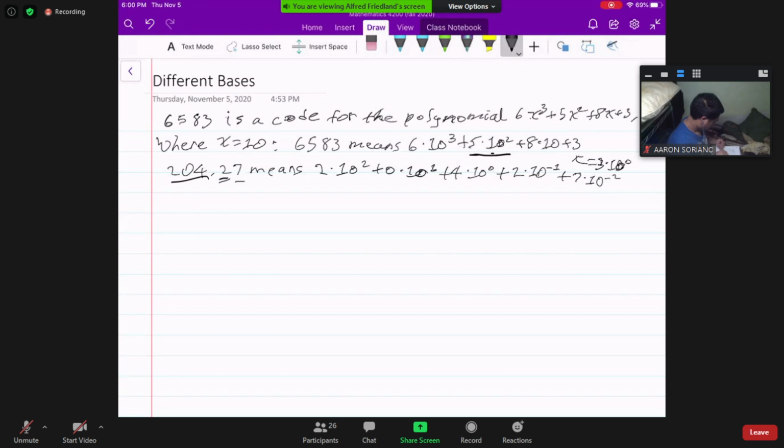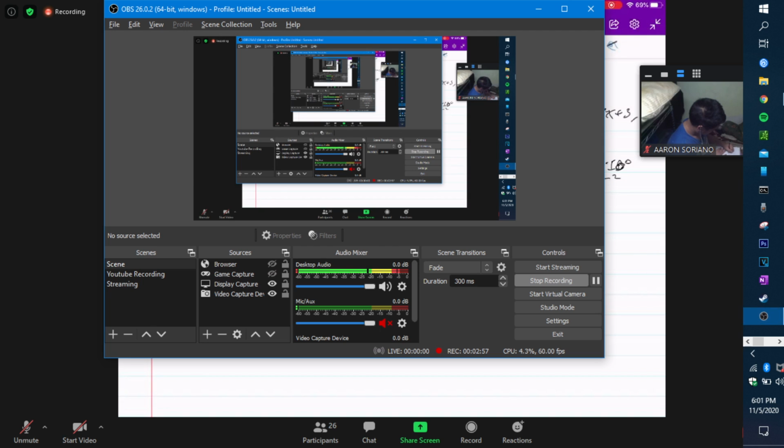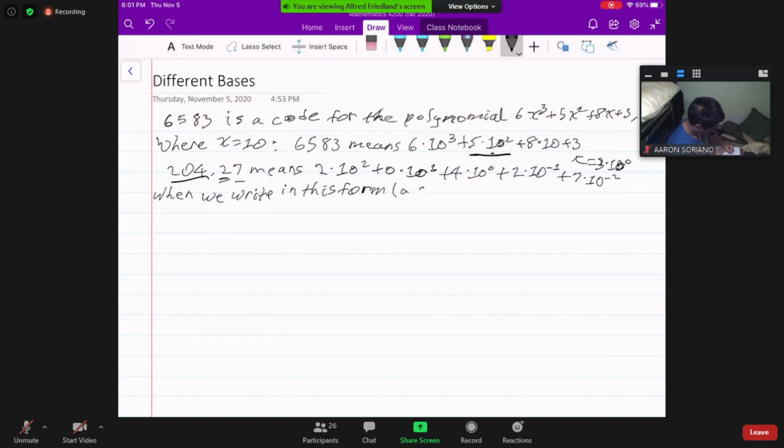And notice that when we write numbers in this form, what does this form mean? It means a sum.